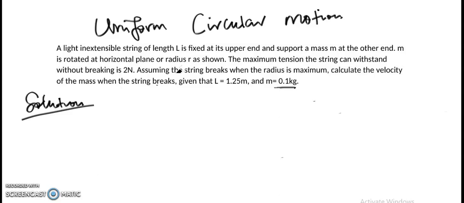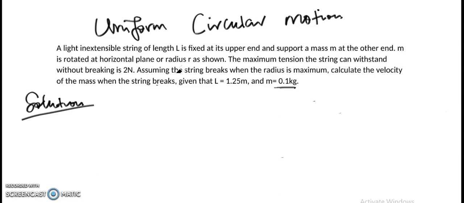Before us is a question where we are to find the maximum tension that the string can withstand without breaking. A light inextensible string is fixed at its upper end and supports a mass at the other end, and this is rotated in a horizontal plane of radius, as will be indicated shortly.